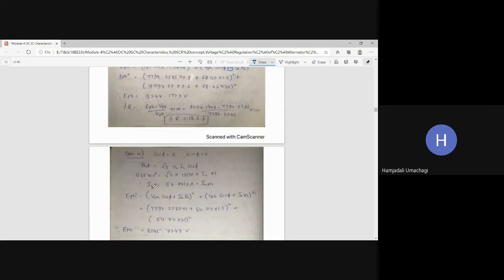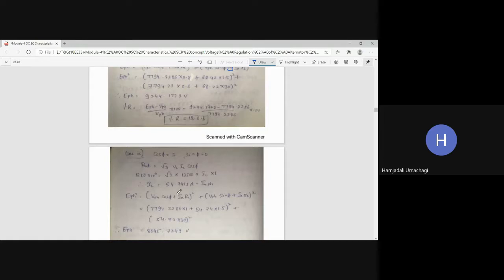Here once again you'll get some value for line current, and this line current will be equal to the armature phase current because it is a star connection alternator where line current is equal to phase current. It is 54.7413 ampere. So this is our line current value, which is also equal to IAPH.